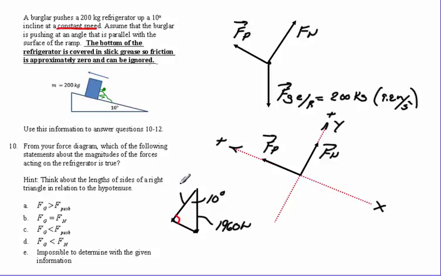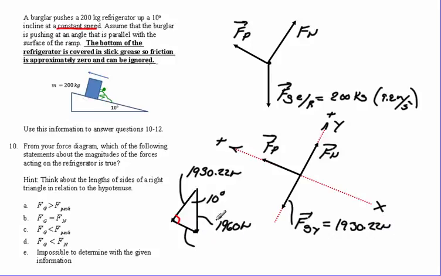To find this one, we will take 1960 times the cosine of 10. That'll give me a value of 1930.22 newtons. We'll add that to our tilted free body diagram. This will be the force of gravity in the y direction, and that will equal 1930.22 newtons.